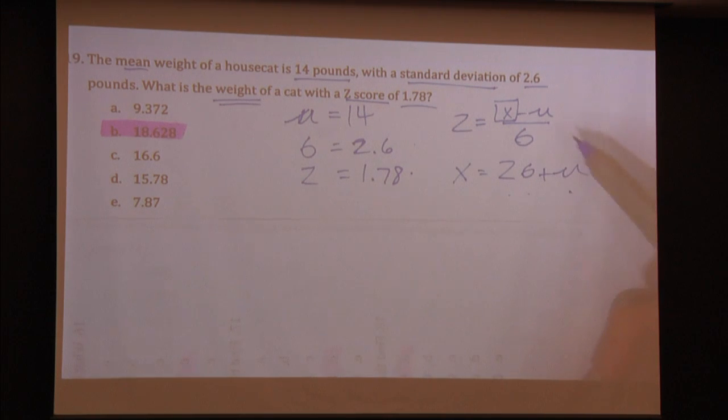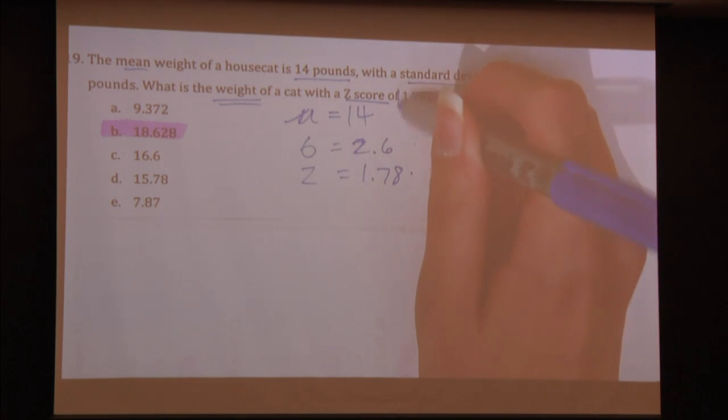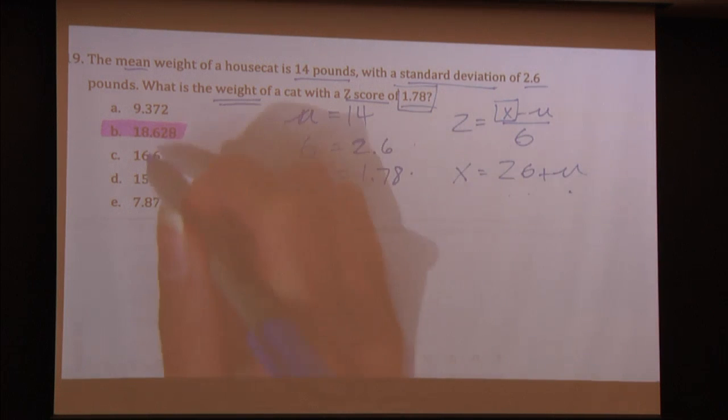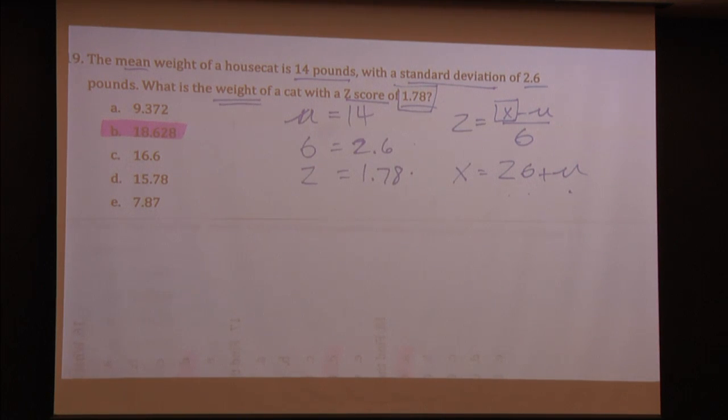Plug them in. Make sure you watch the sign on z. So here it was just 1.78. It's positive, not negative. So that gives you 18.628. If anyone got something different from that number, let me know. It is a rounding, so if you're a tenth place off or something, you're probably fine.